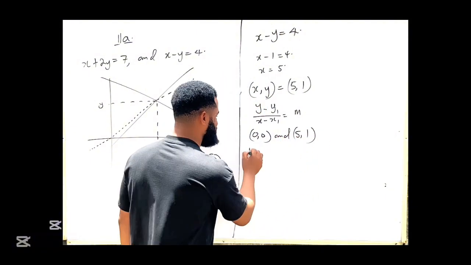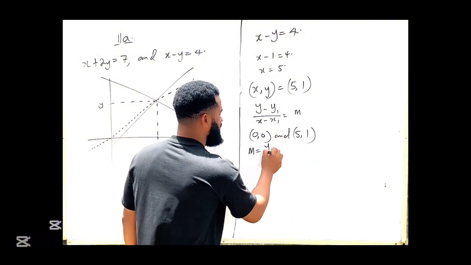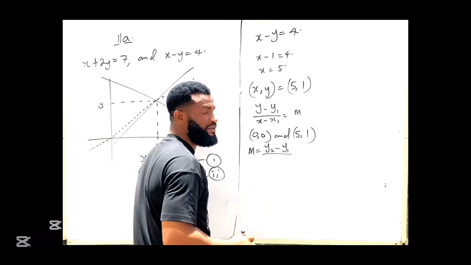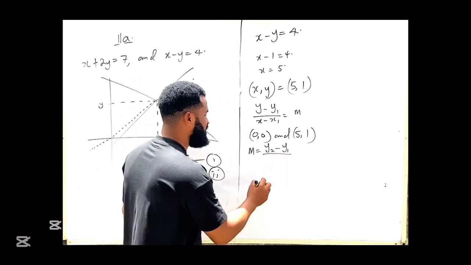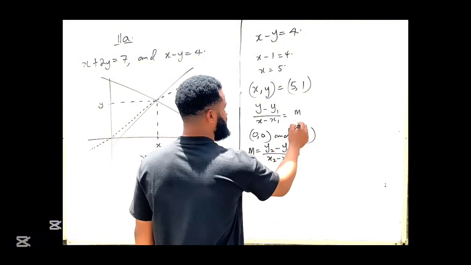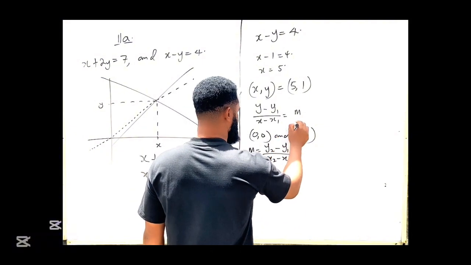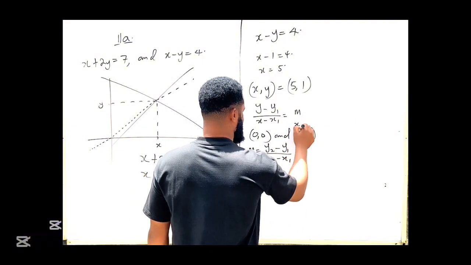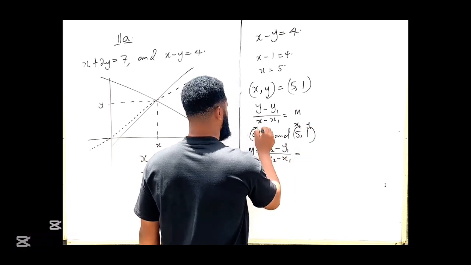So m is given as y2 minus y1, which is the formula for finding the slope, over x2 minus x1. Let me call 5, 1 as x2, y2, and 0, 0 as x1, y1.